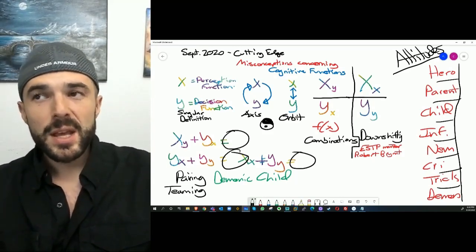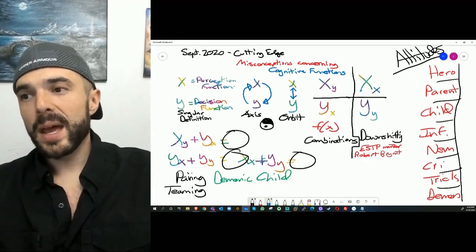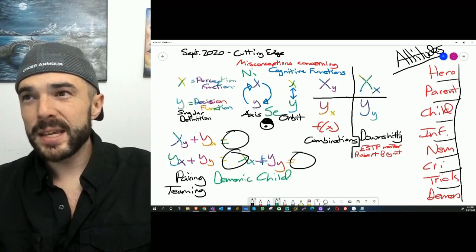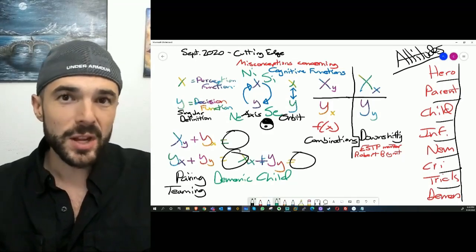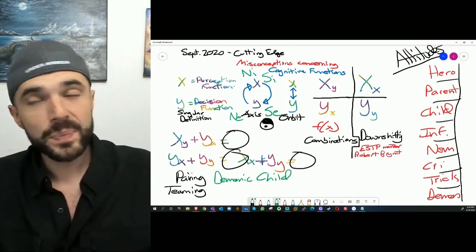Why? It's because they're on an axis. So obviously we have Ni and then Se, and then we have Ne, and then we have Si, right? And those are perception functions on an axis, and we know that they turn on an axis consistently, right?